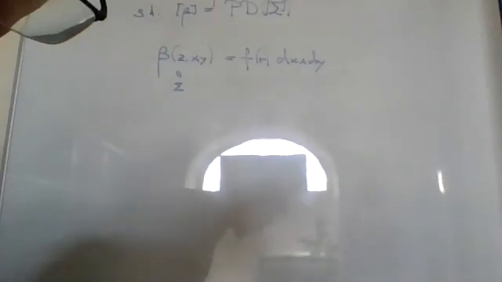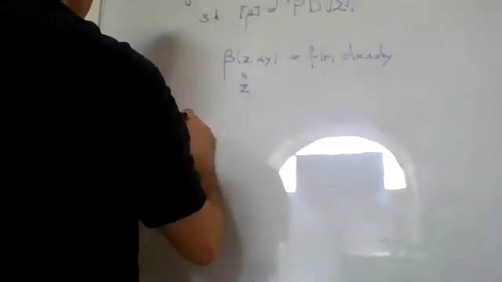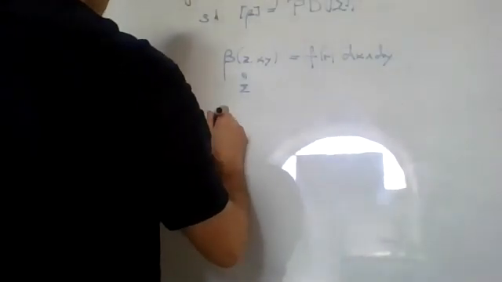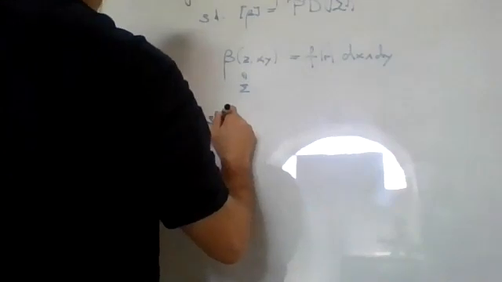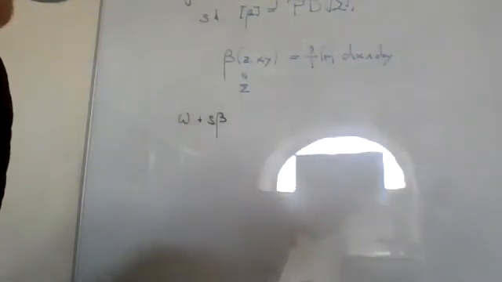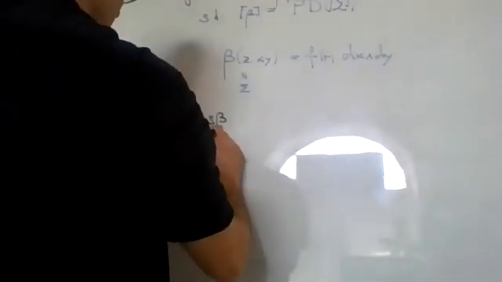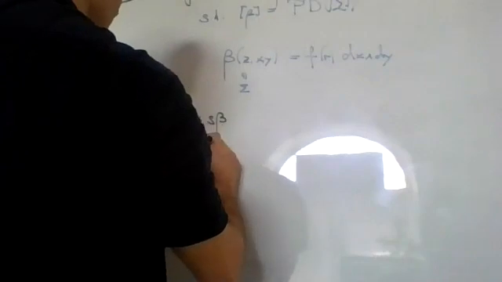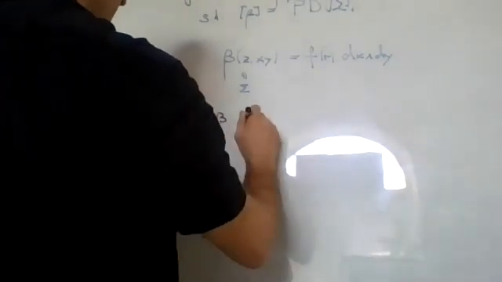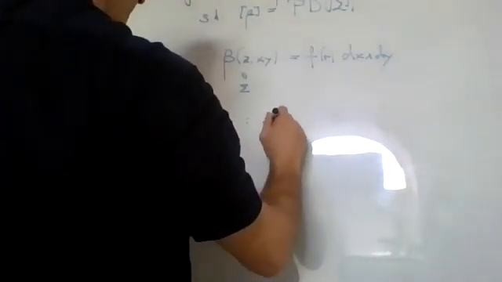You take a connection, the connection form. Okay, so now it's done, because now we take omega plus s beta. This is closed because omega is closed and beta is closed. And I claim that if s is at least 0, then this is actually symplectic.